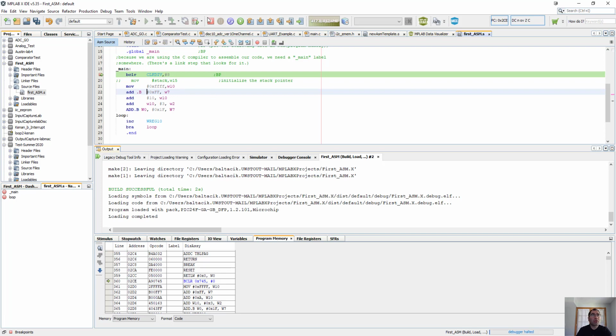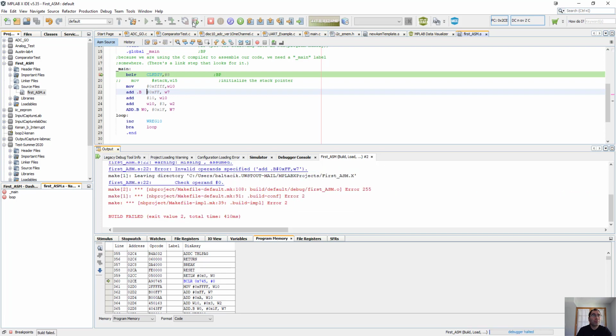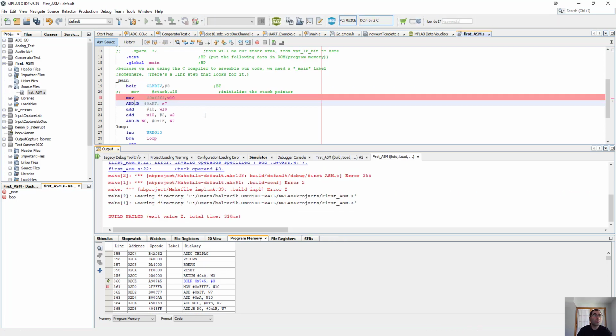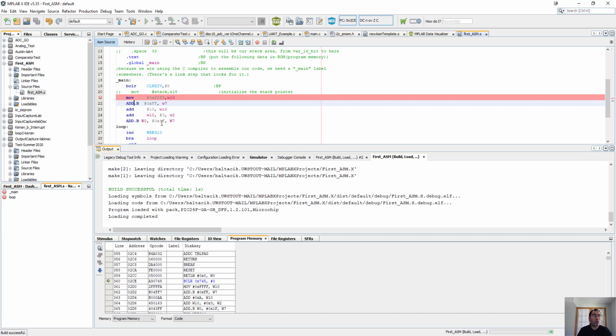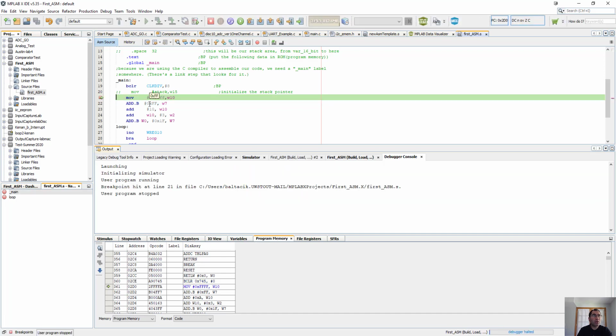So I'm just going to rerun it. What I did wrong is when I typed it, I put a space between add and .b, so you shouldn't have a space there. Be careful about that one.